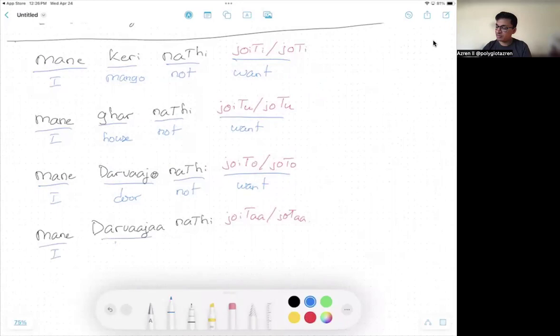I, doors, not, want. મને દરવાજા નથી જોઈતા.